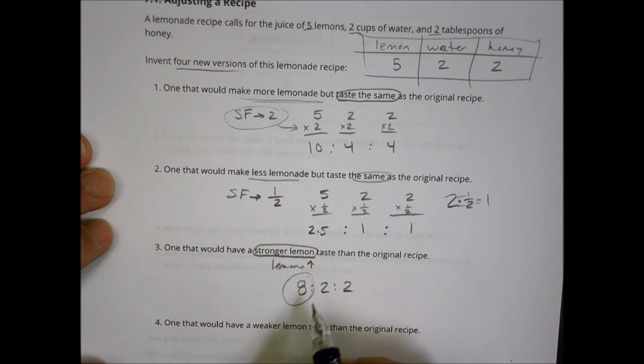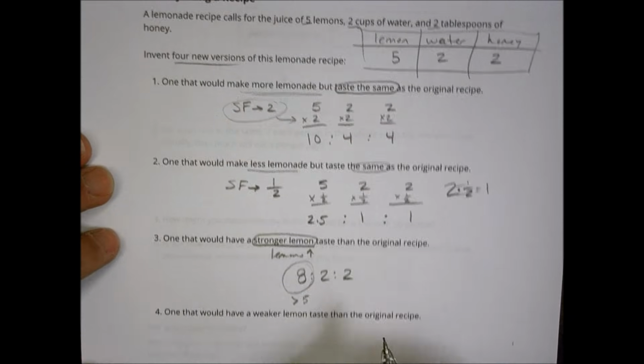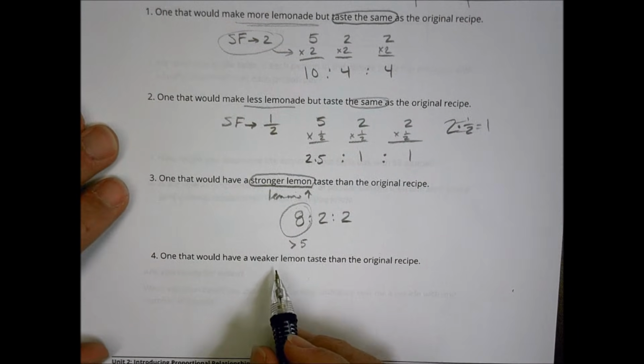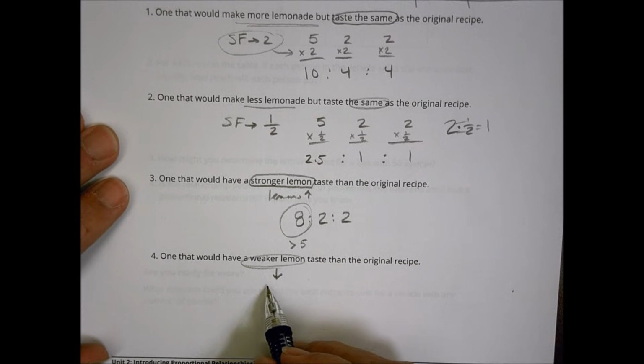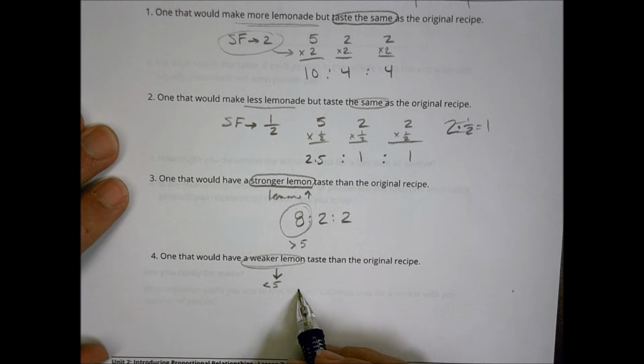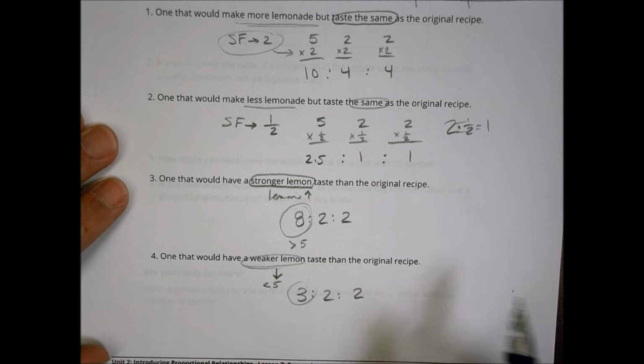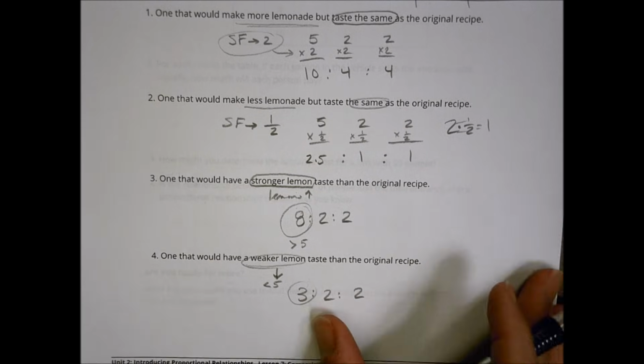As long as this number is increasing and greater than 5, you're going to be okay. If I want a weaker lemon taste, now I want to take the lemon value down, so I want a value that's less than 5. So I could say 3 lemons, and 2 and 2. Again, as long as that is less, you're in the right ballpark.